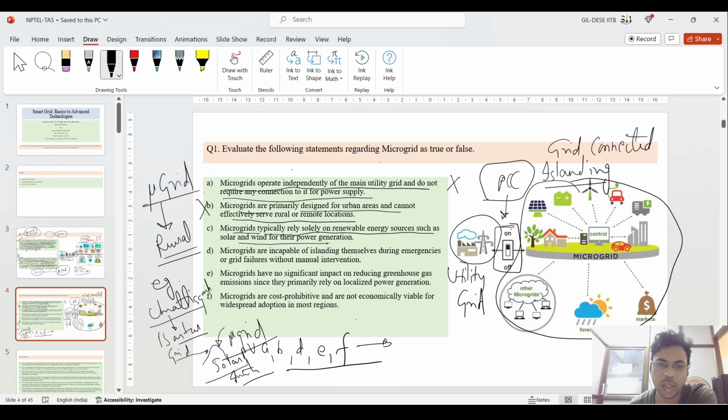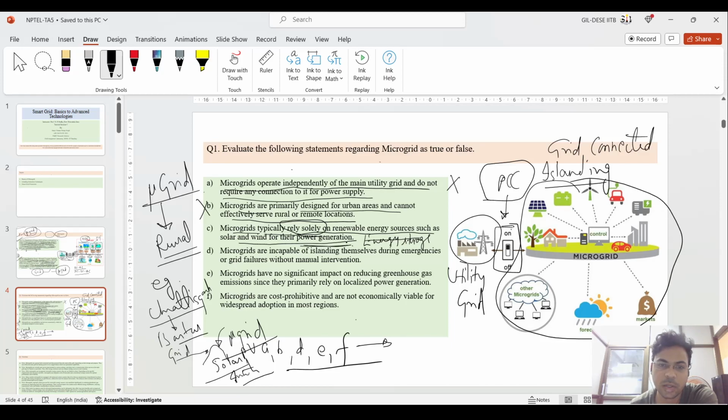Coming to the C part, that is, a microgrid typically relies solely on renewable energy sources such as solar and wind for power generation. Actually, that is correct. Correct in what sense? No, that is false. Why? It does not depend solely on renewable energy sources such as solar and wind.